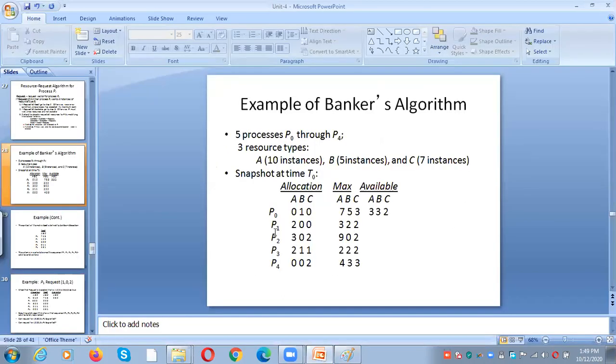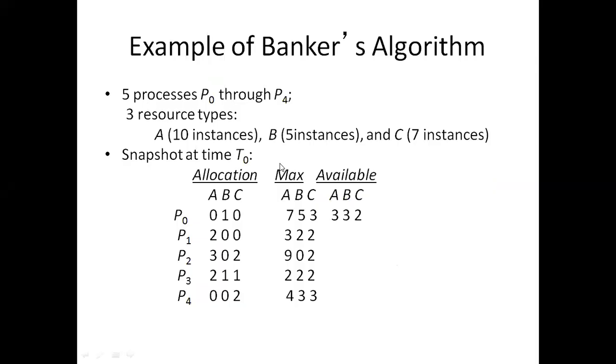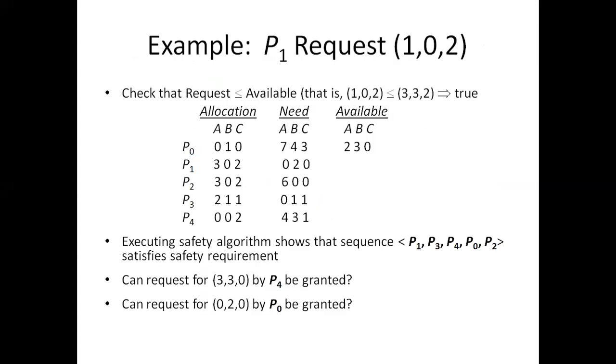In the earlier example, max and allocation were given, so in order to get the need, you need to subtract allocation from max. Then you will get the need. But in this particular example, they have given the need directly.